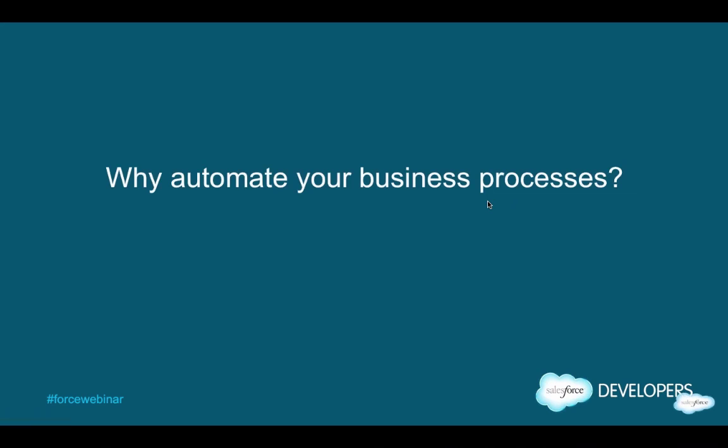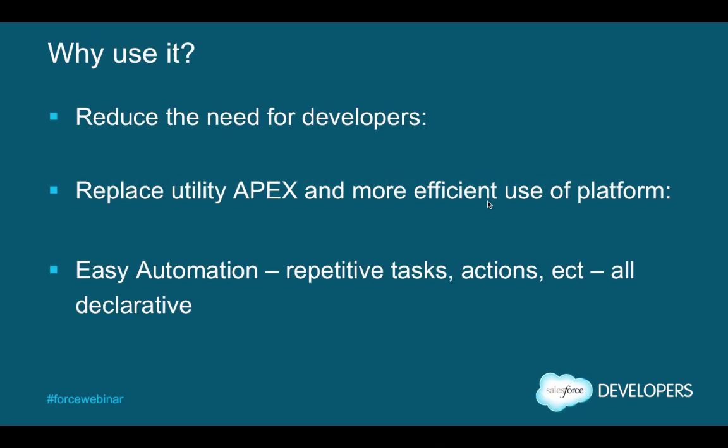So why automate? Well, what you do is just as important as what you don't do. And there's a number of good reasons to use visual workflow to automate your business processes. So, obviously reducing the need for developers. Anytime you start a development project, there's a lot of effort involved in terms of getting requirements established.